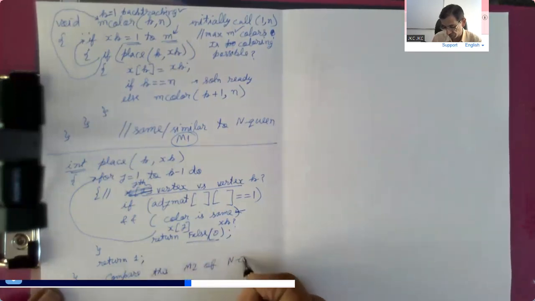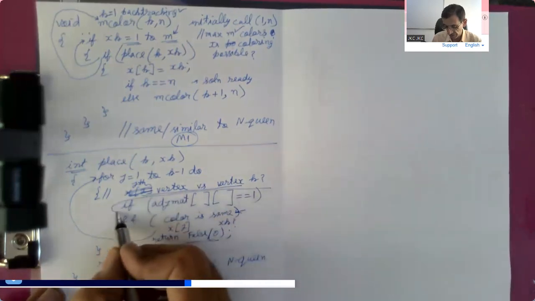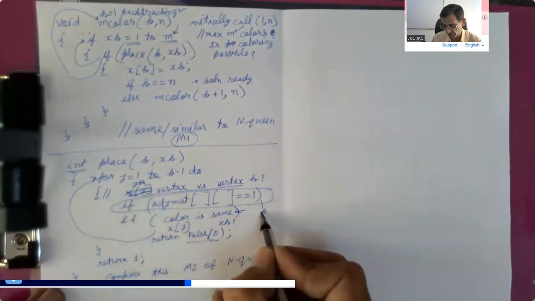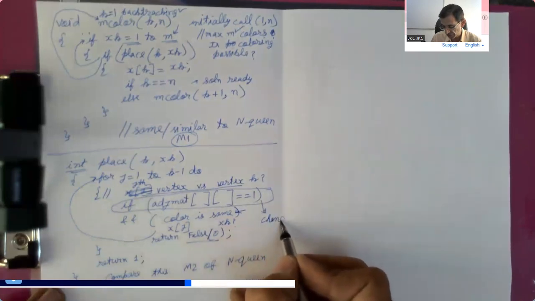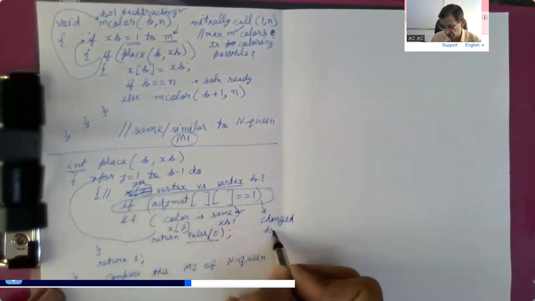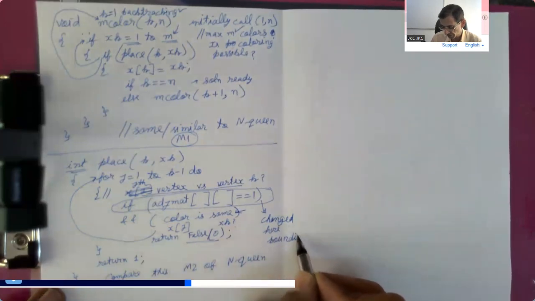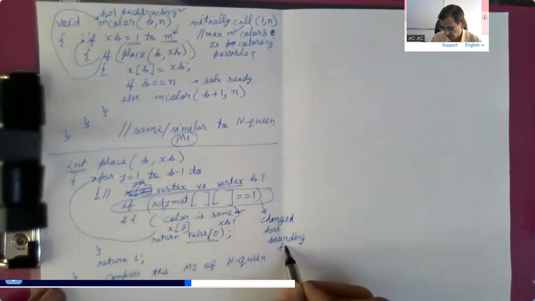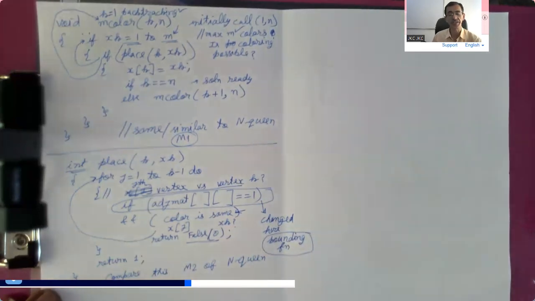You will find a lot of similarity. That's the beauty. The only change is here, and this change is only because of the corresponding bounding function. The bounding function will be accordingly coded, and I'm effectively ready.